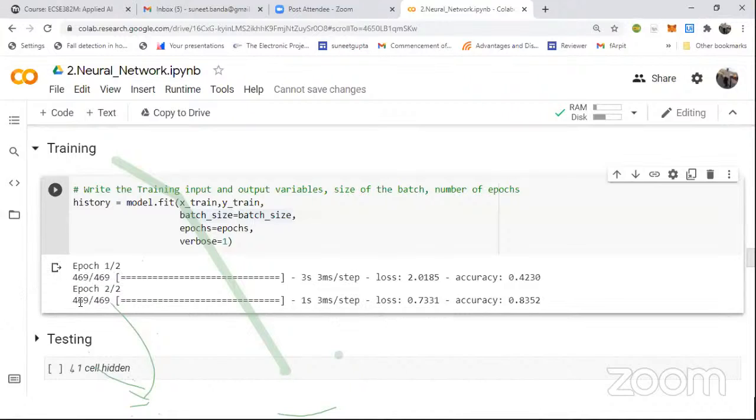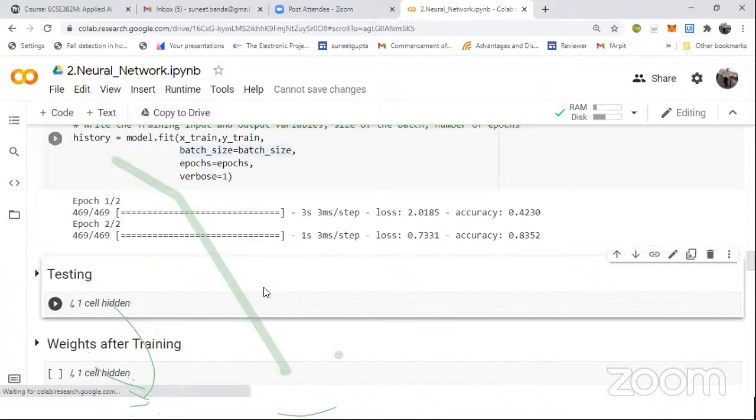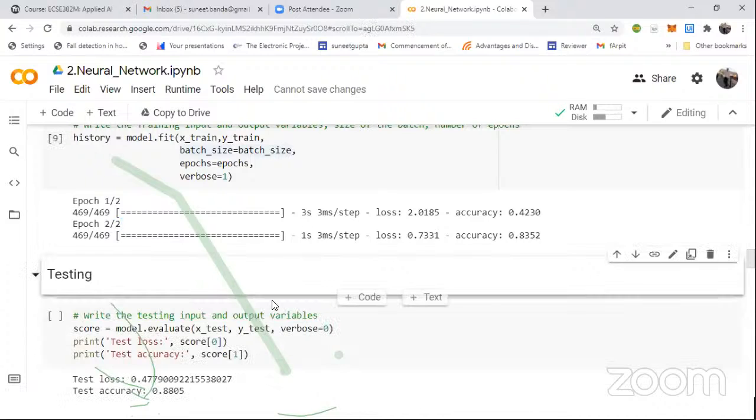Similarly, in the next epoch again we have to pass all the batches into the model, and there is an update in the weights and biases. So this is our model training part.